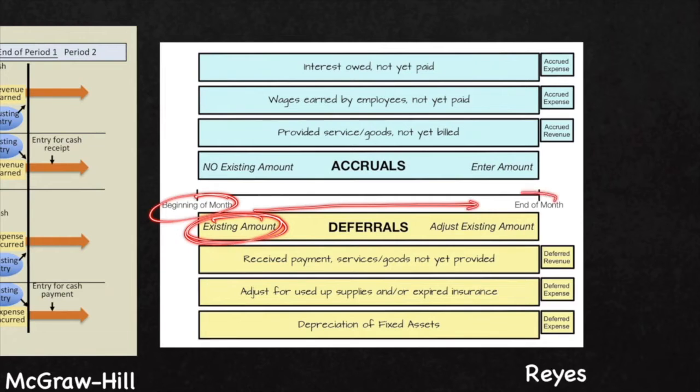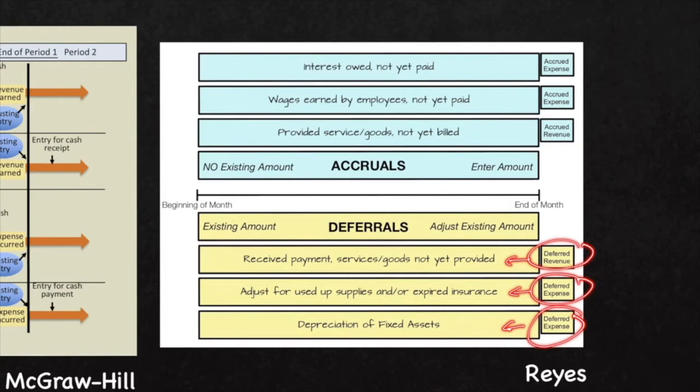So there's an existing amount at the beginning of the month, and at the end of the month, it changes, so we have to adjust that existing amount. So again, there's an existing amount at the beginning of the accounting period. By the end, we have to change it. On the right side there, those are the type of adjustments, deferred revenue and deferred expenses. And I provided examples that the text or textbooks usually use for those type of adjustments.